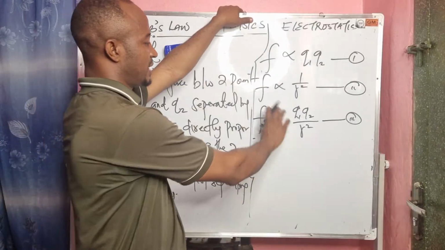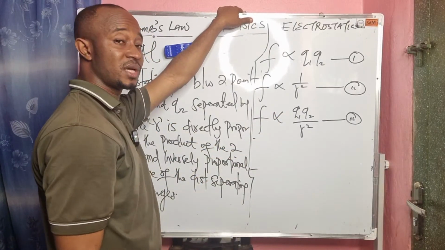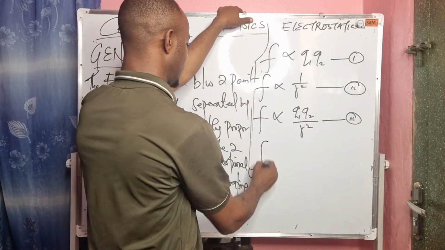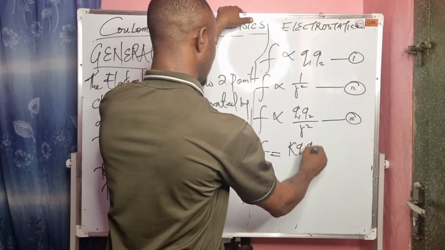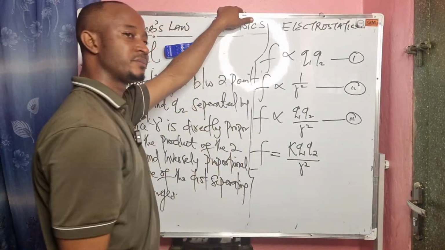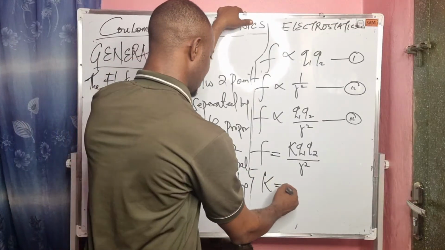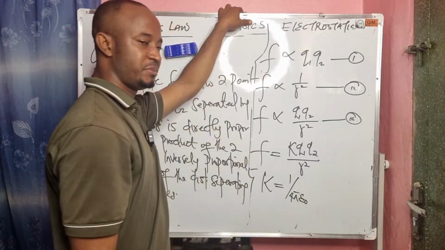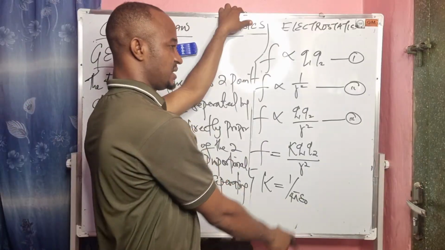Therefore, for us to define this force, I have to introduce a constant and an equal sign. That will give us force equals K Q1 Q2 divided by R squared, where K is a constant, which is the same as 1 over 4 pi times the permittivity of free space.